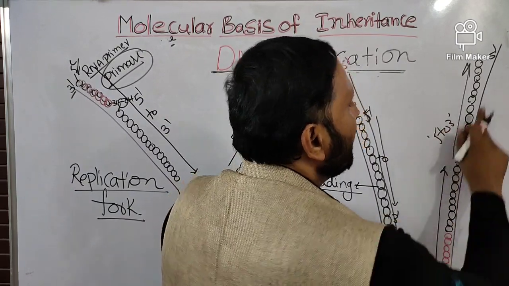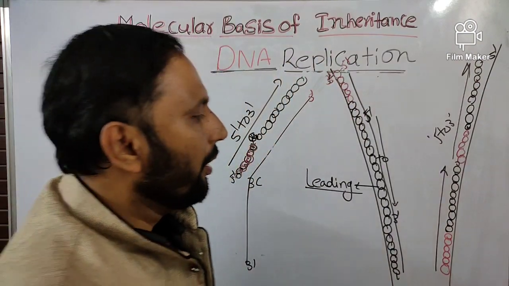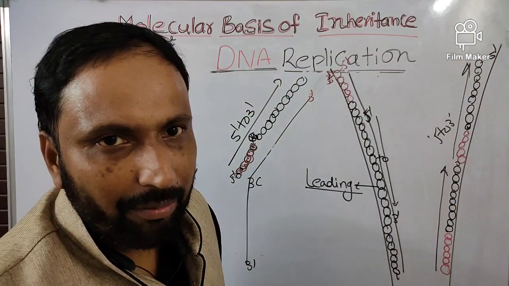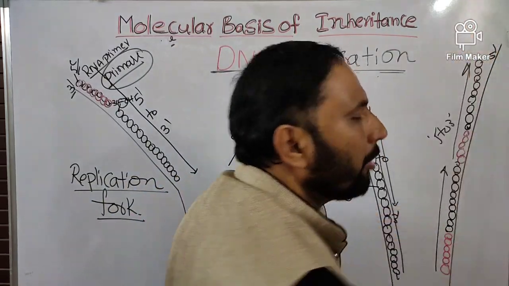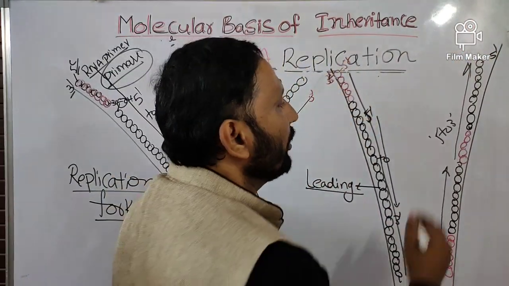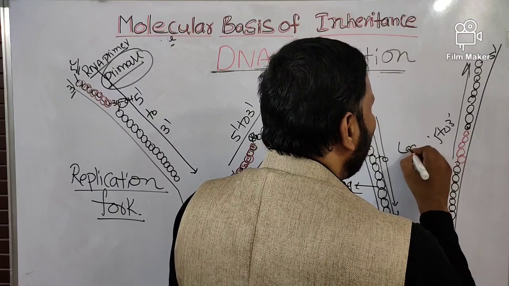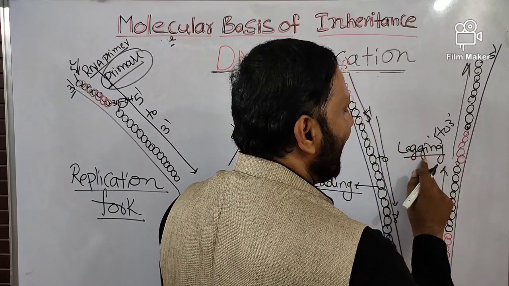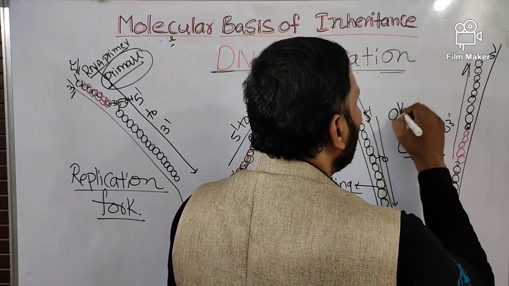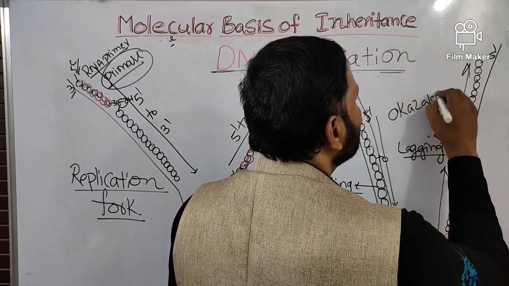But here discontinuous strands are formed because RNA primer involvement is present many times. So the DNA strands are formed discontinuously. This strand is called the lagging strand. This one is leading, that one is lagging. Those fragments are called Okazaki fragments.